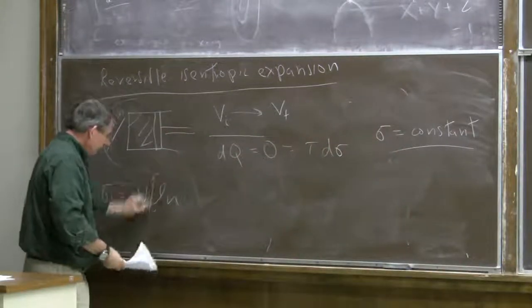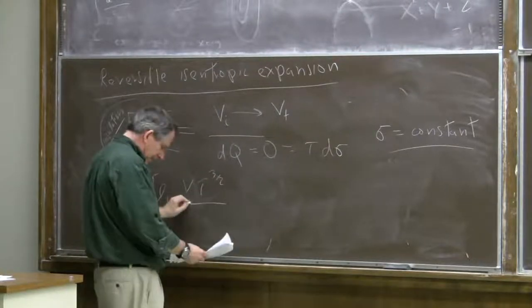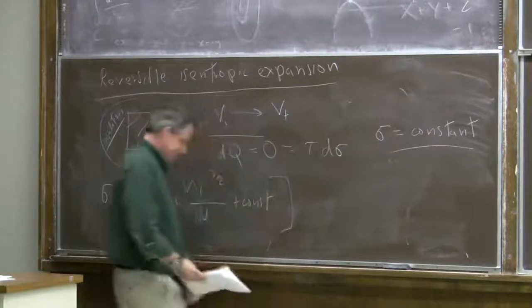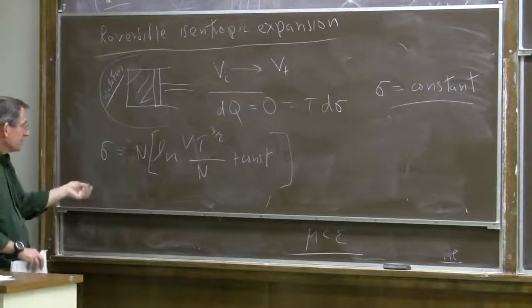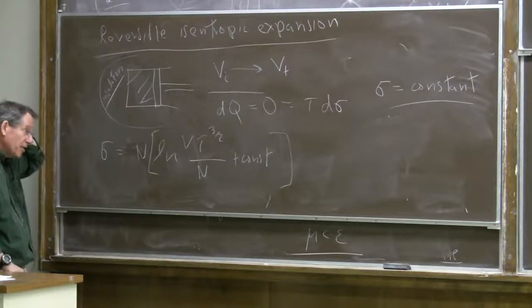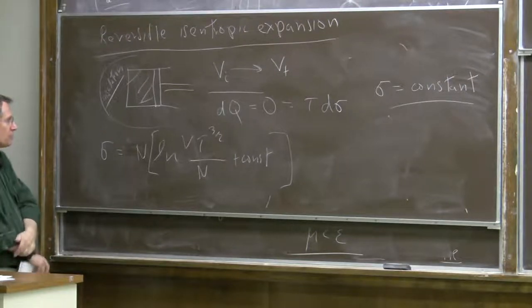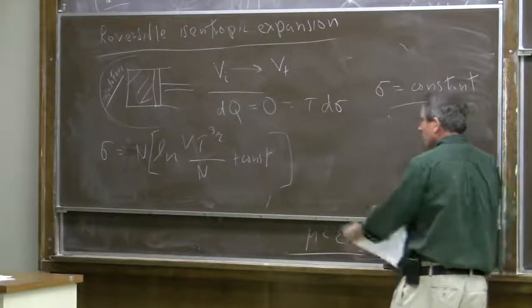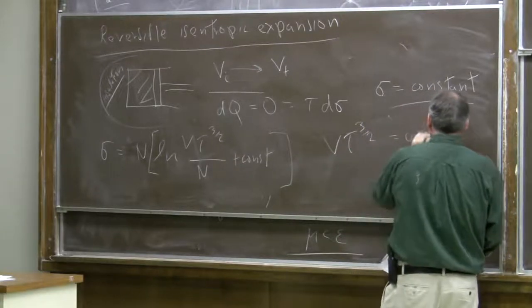So I can write the entropy as N times the natural log of volume times temperature to the 3/2 divided by number of particles, plus a constant. And that's going to be fixed. Number of particles is also fixed. So if the entropy is unchanged, then what else is unchanged? Well, how is the volume related to the temperature? We'll have to have volume times temperature to the 3/2 equal a constant for the entropy to stay constant.